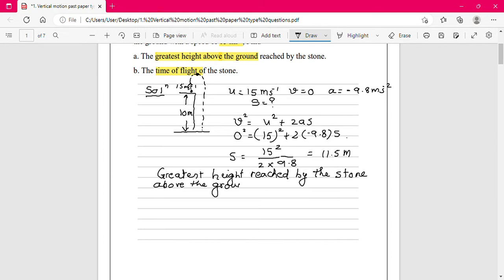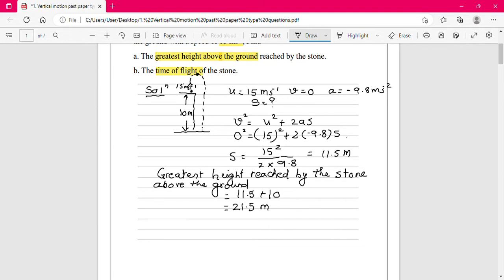It will be 11.5 plus 10 because the stone is projected from 10 meter above the ground. So total height will be 21.5 meters.